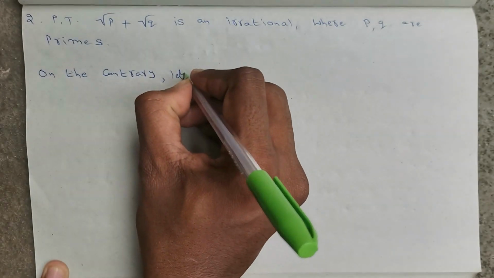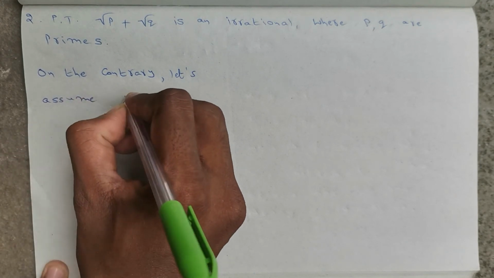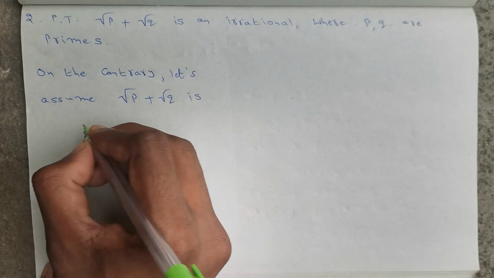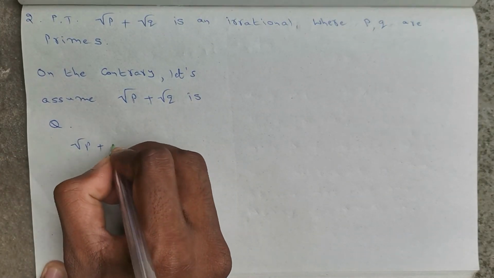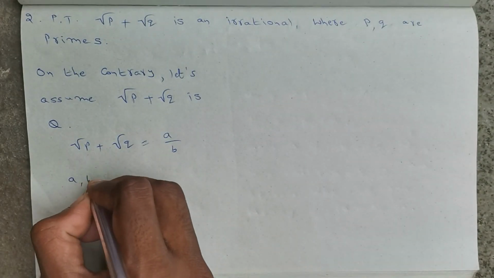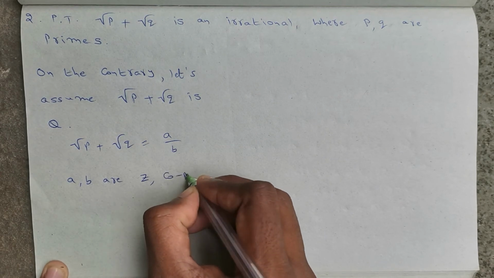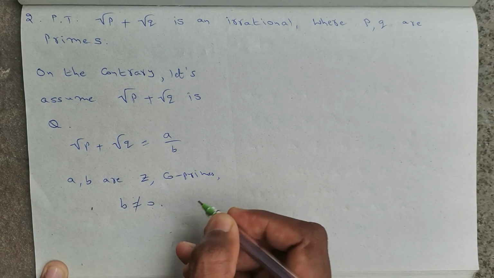On the contrary, let us assume root p plus root q is rational. So root p plus root q is equal to a by b, where a, b are integers and co-primes as well as b not equal to 0.